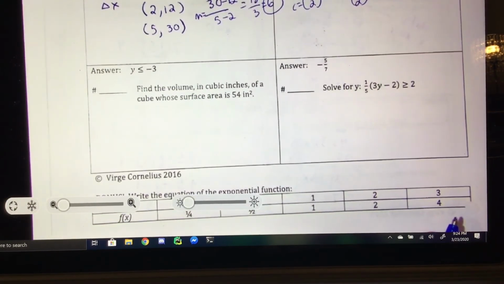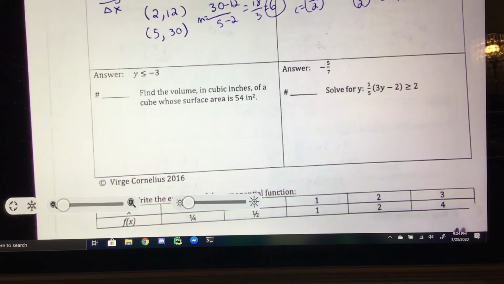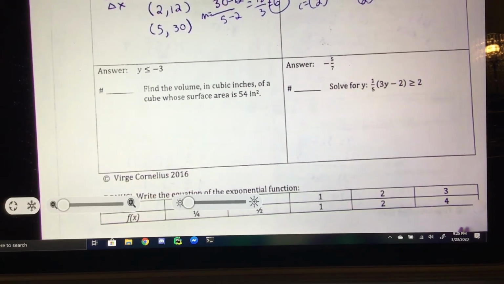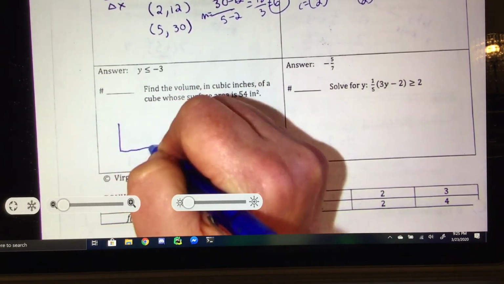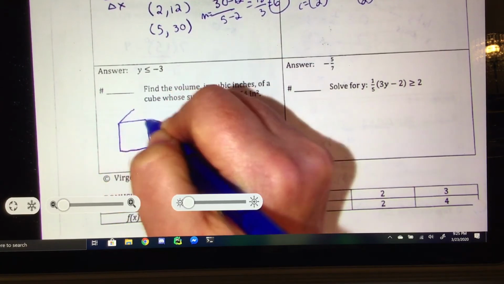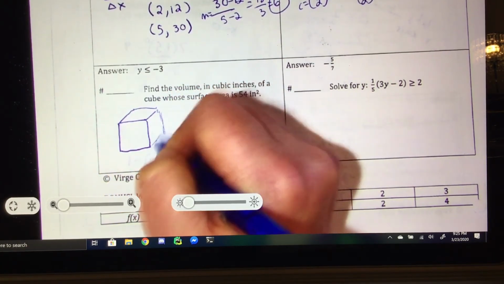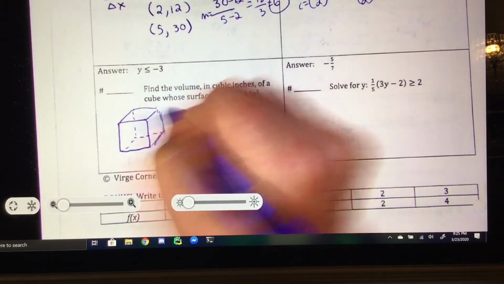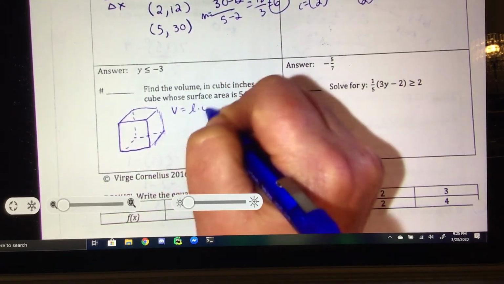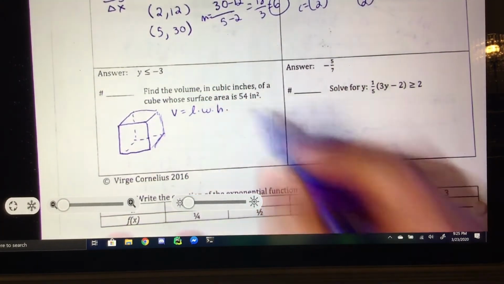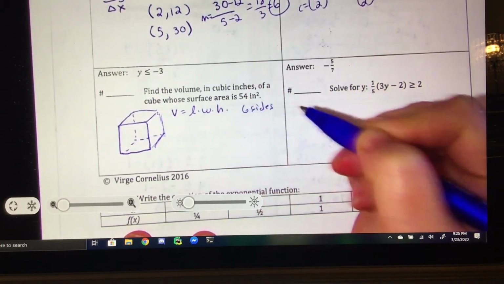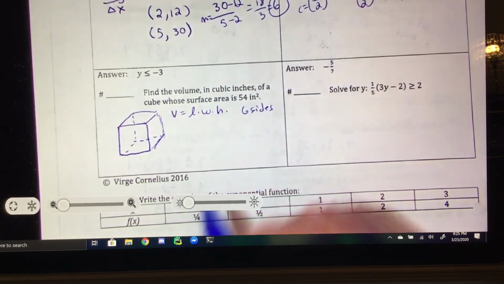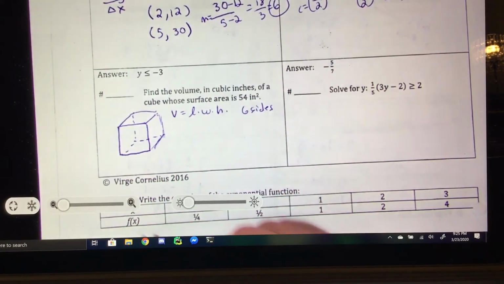The last two on this page, find the volume in cubic inches of a cube whose surface area is 54 inches squared. Well, here's our cube. Not perfect. Doesn't have to be. Volume equals length times width times height. We have 6 sides on our cube. How did I figure that out?